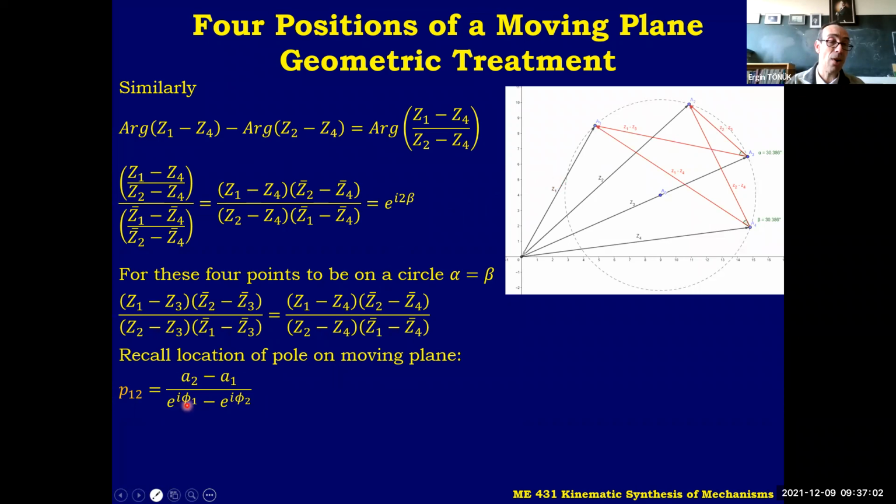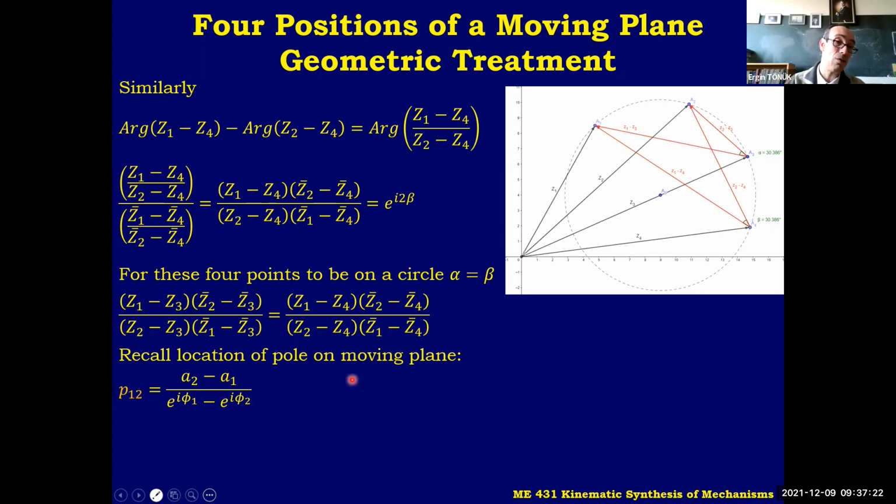And e to the i phi 1 was the orientation in the first position, e to the i phi 2 the orientation in the second position, and we were just shorthanding them as E2 minus E1, okay? Similar to A2, A1, E1, E2.